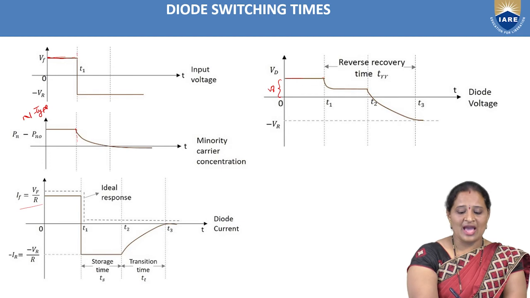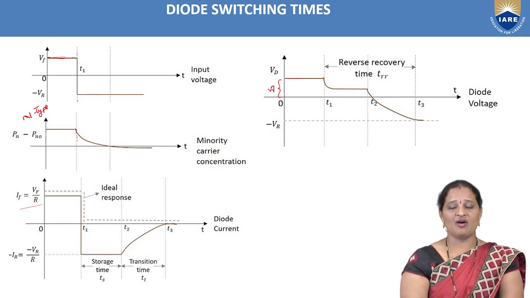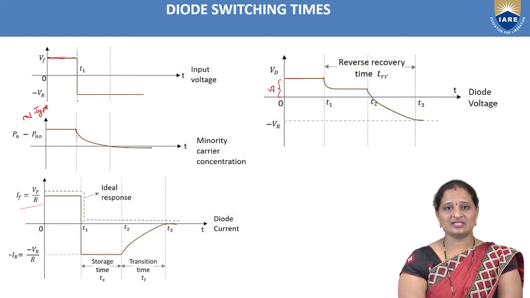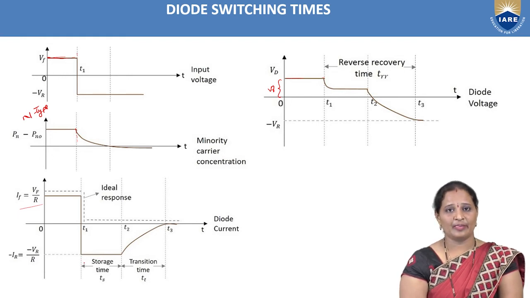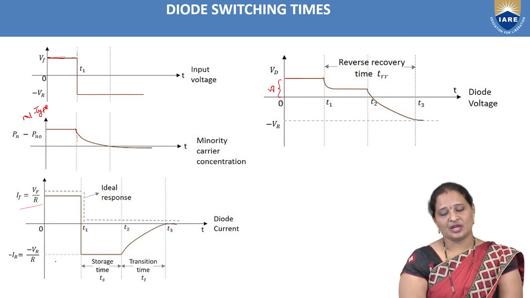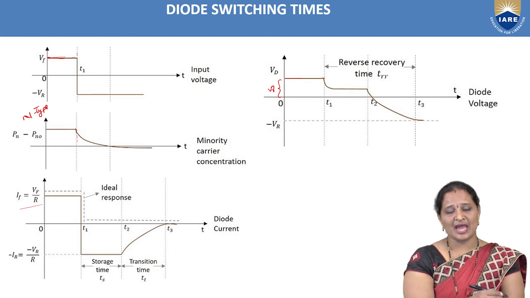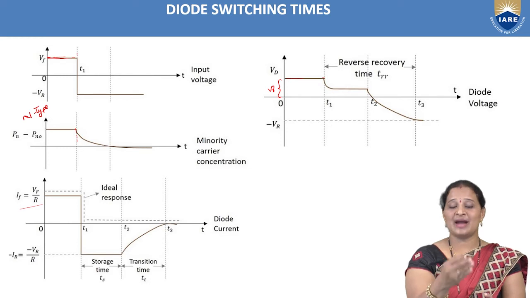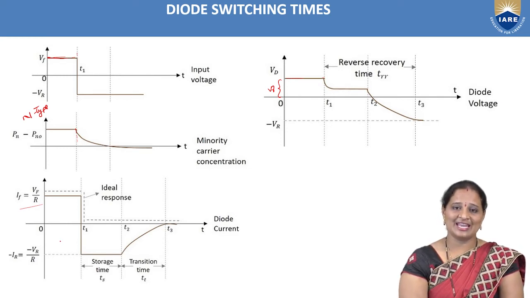As the voltage applied is reverse, the current will now be flowing in the reverse direction, and hence we get a negative current, minus IR, which equals minus VR by R. As the voltage has become negative, the diode is reverse biased, and the flow of current is now due to the minority charge carriers across the junction, which is represented with negative current.